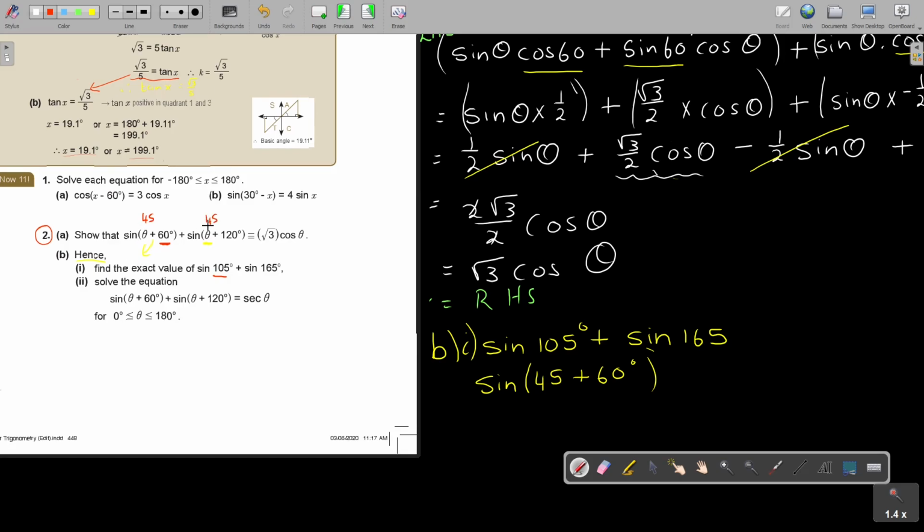Do you agree? And that's plus sin, and let's see if we can put it in again there. The 45. What is 45 plus 120? That is going to give me the 165. Do you see that? Okay, and now I must use. So basically what I must realize now is that was exactly what I was writing down now there.